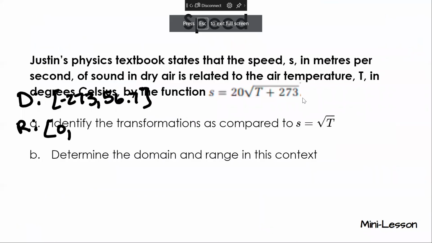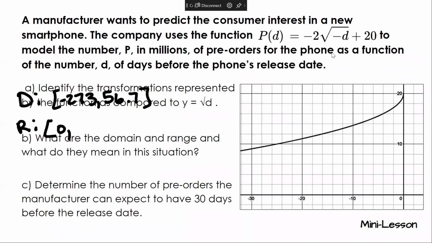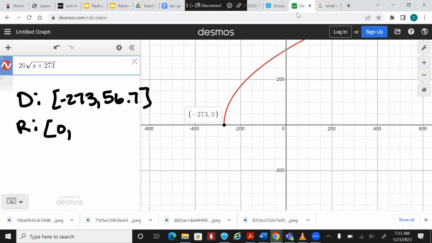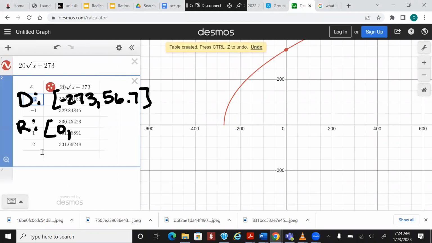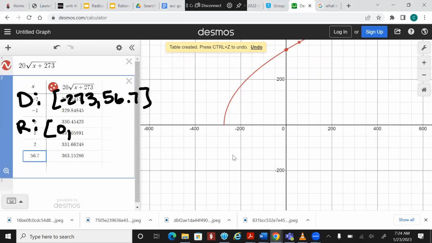Okay, my range, however, that's going to be dependent on my X values. So my range can only go up depending on what my X value is. So my highest X or my farthest to the right X value is 56.7. But now what I'm going to do is go back into my graph and look in the table and look at when 56.7 is my X, what's my Y?